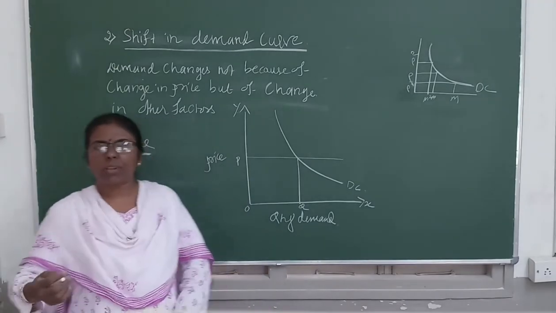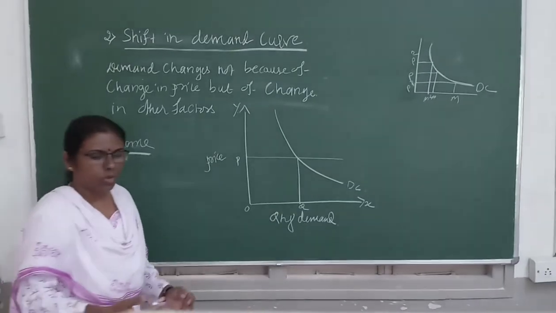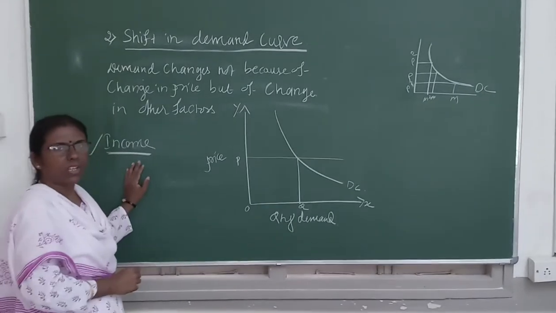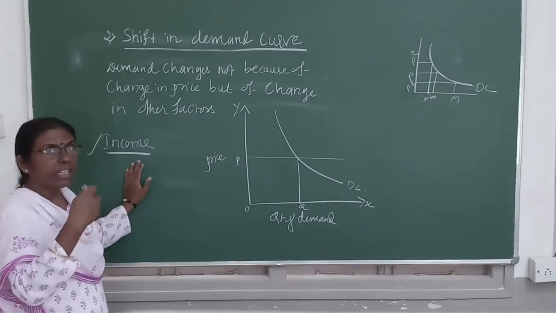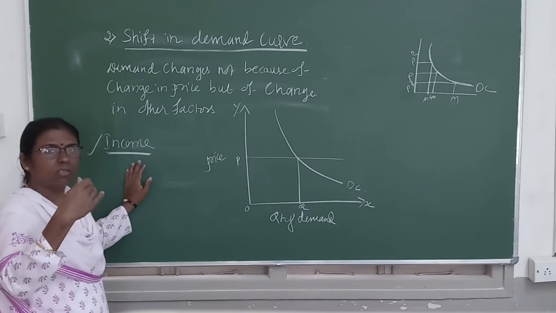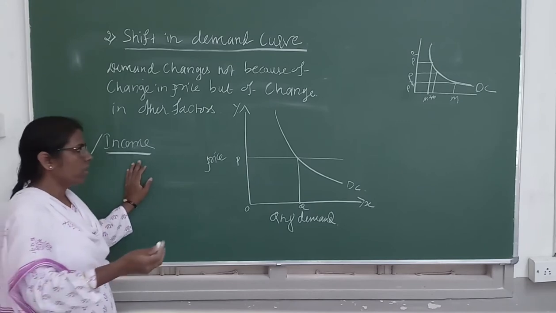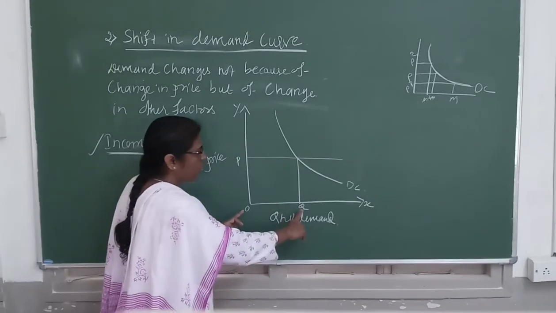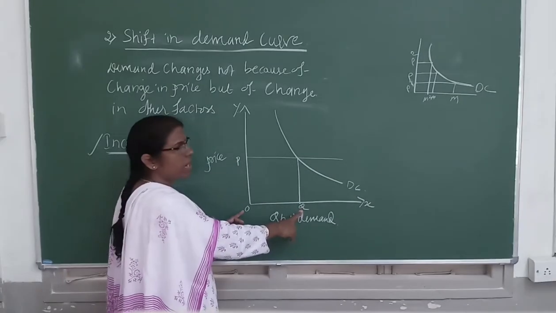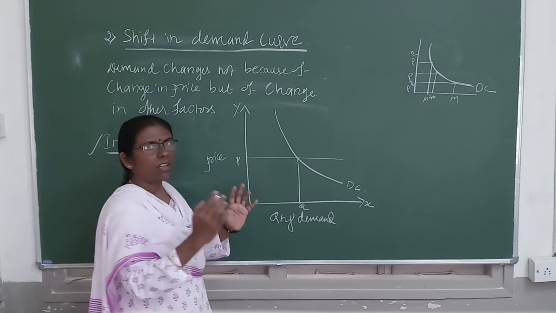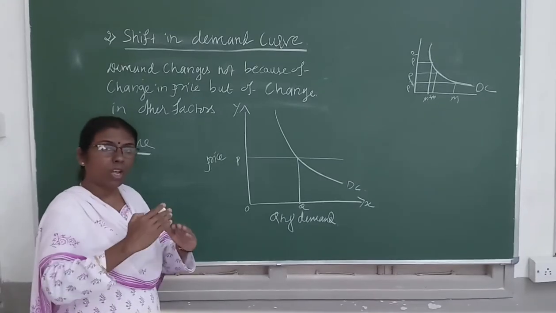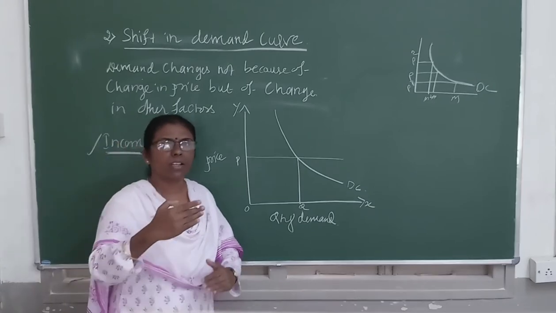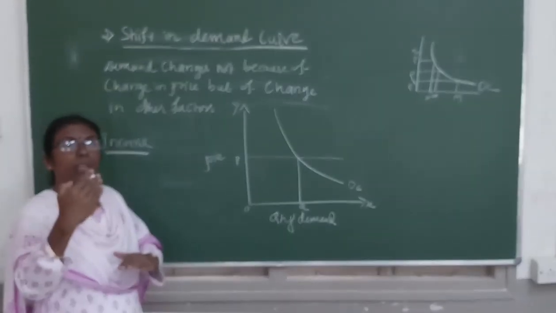But what happens when other factors change? So in our example, let us try to understand change in the income level. When the income level of the consumer changes, what happens to his demand? So see here in this diagram, OP is the price and OQ is the quantity demanded. This is the initial situation. Suppose his or her income increases.